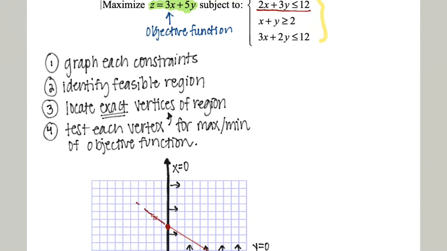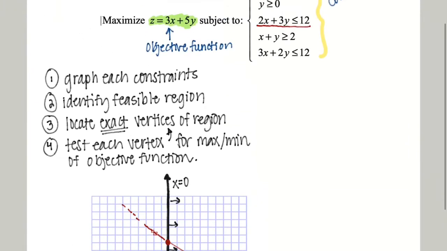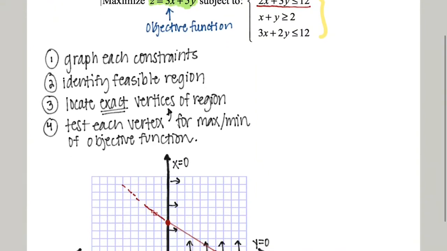I'm not really concerned with what's happening outside of quadrant 1 because I can see that I'm restricted to quadrant 1 just by the arrows for x equals 0, y equals 0. For those boundary lines, my inequalities are keeping me in quadrant 1. Now we need 2x plus 3y is less than or equal to 12.